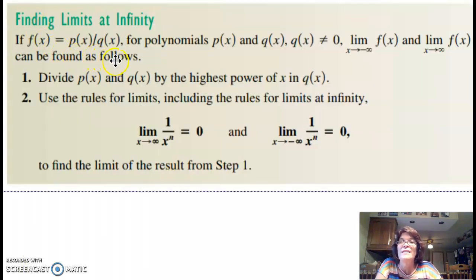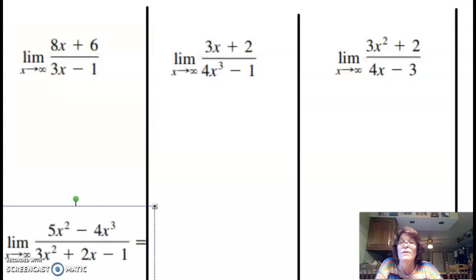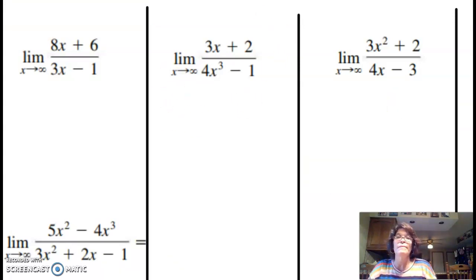So to find limits at infinity, that's a procedure that we use. We just divide by the highest power of x in the denominator. And then we use the rule that the limit as x approaches infinity of 1 over x to the n is 0, and the limit as x approaches negative infinity of 1 over x to the n is also 0. For this one, the biggest power of x is x.